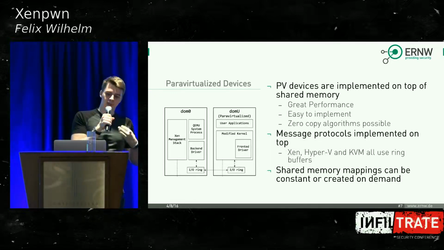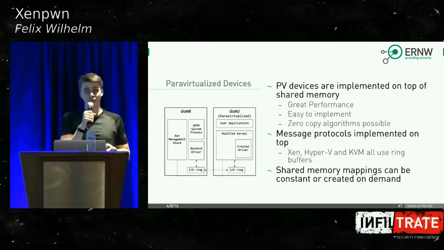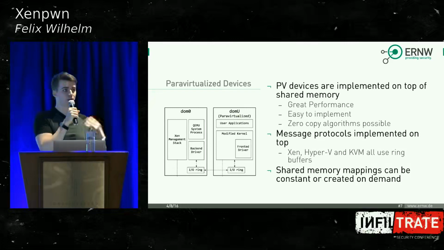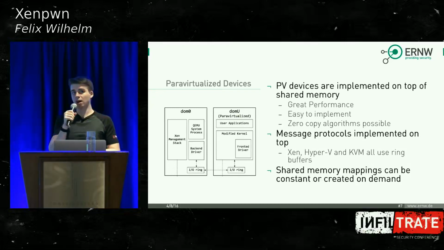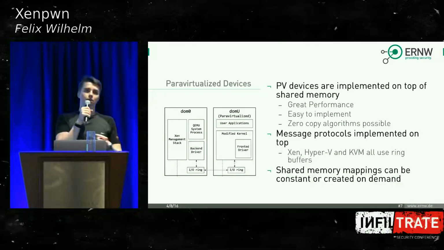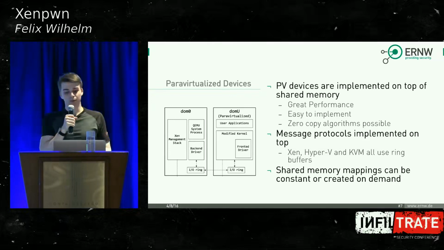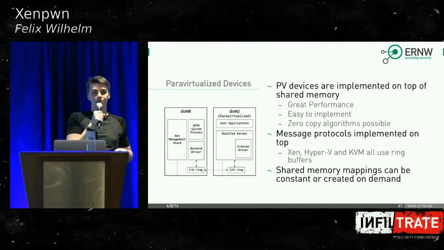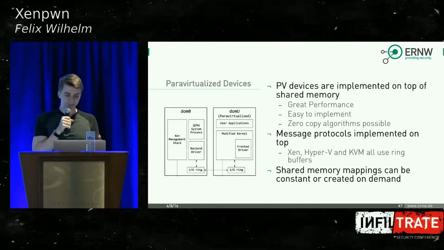Some of the vendors have these shared memory mappings created constantly, so the virtual machine boots up, the driver initializes, some kind of shared memory mapping is initialized, and this stays constant for the whole lifetime of the virtual machine. Other vendors, for example Hyper-V, create these mappings on demand when you transfer a large amount of data.